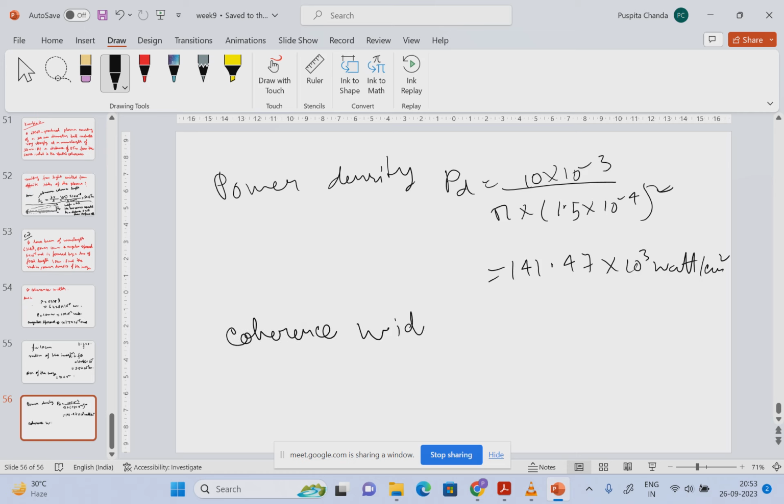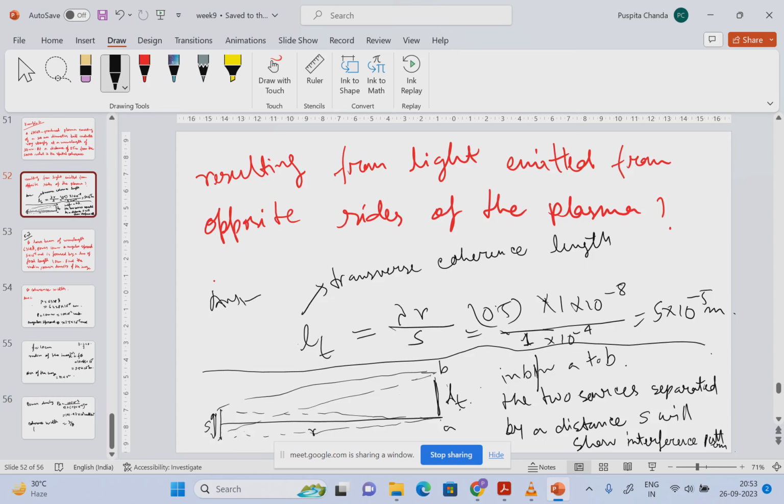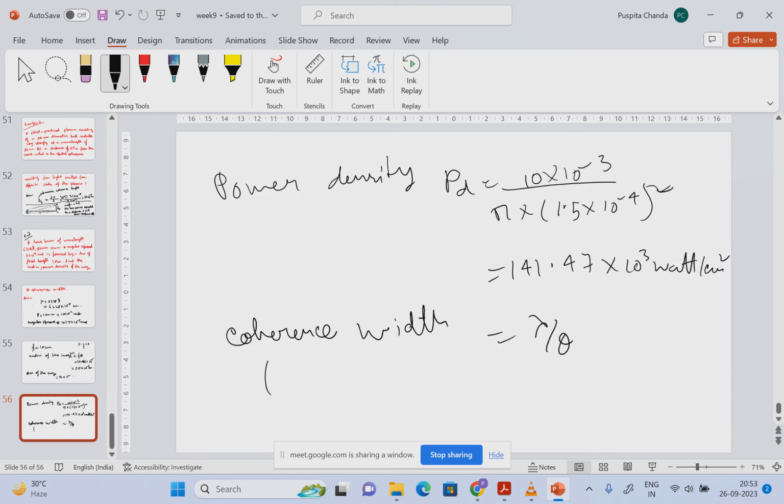Coherence width will be lambda by theta, and this is also the transverse or the spatial coherence length.